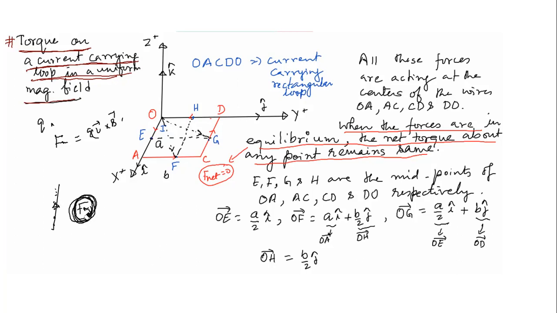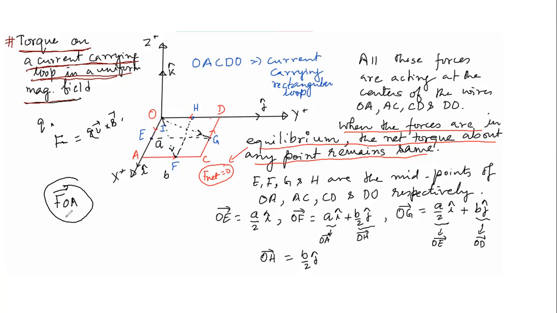So we are taking the midpoint of each arm. The midpoint of OA is E, the midpoint of AC is F, the midpoint of CD is G, and the midpoint of DO is H. So where does this force act?